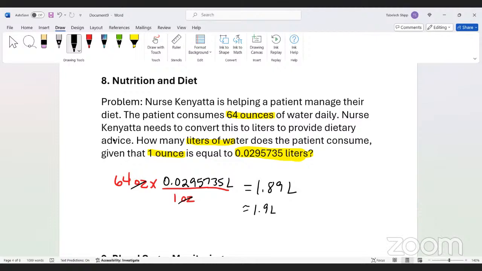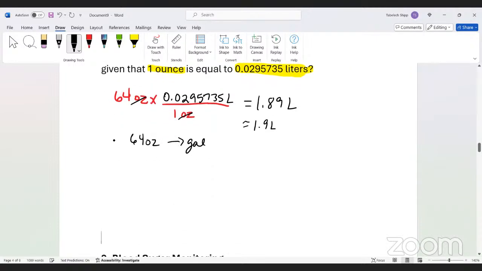So if you were starting this question from top to bottom, where I told you to convert 64 ounces to gallons, then in a multi-step problem like that, let me put that conversion over here too: 1 gallon equals 3.79 liters.